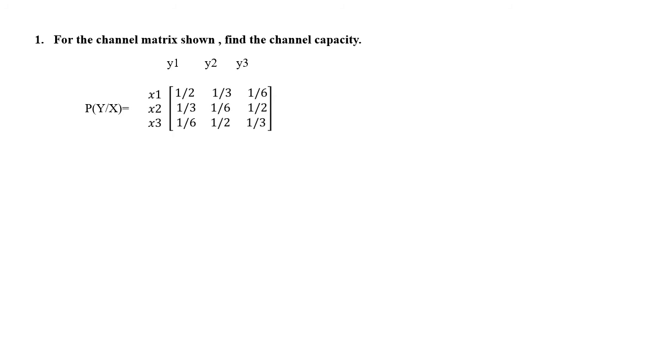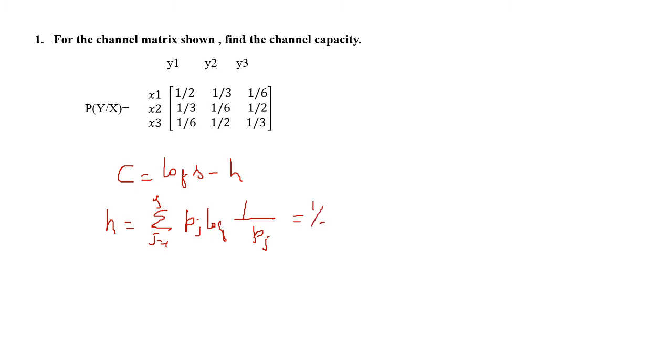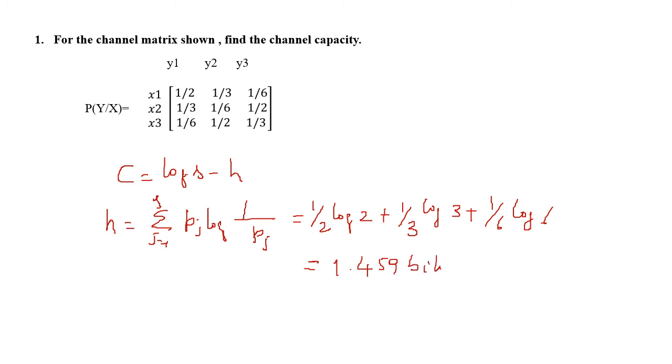So we can write the channel capacity C is equal to log S minus H, where H is nothing but summation j varying from 1 to S, Pj into log 1 by Pj. So Pj is nothing but P1, P2, P3, which is 1 by 2 log 2 plus 1 by 3 log 3 plus 1 by 6 into log 6. So H constant, you are going to get it as 1.459 bits per symbol.